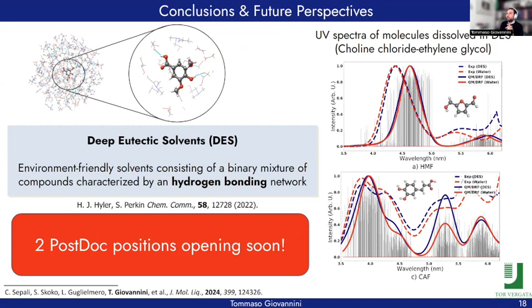All the results that I showed you are run for water and conventional solvents, but of course they are associated with an environmental impact that can be reduced, for instance, by using deep eutectic solvents, which are novel kinds of solvents where hydrogen bonding patterns are particularly relevant and for which quantum effects and fully atomistic approaches are relevant. So I will have 2 postdoc positions opening soon dealing with this problem.